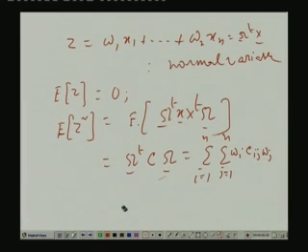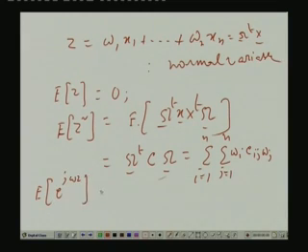Using this, we have the characteristic function of Z, that is E of e to the power j omega z.